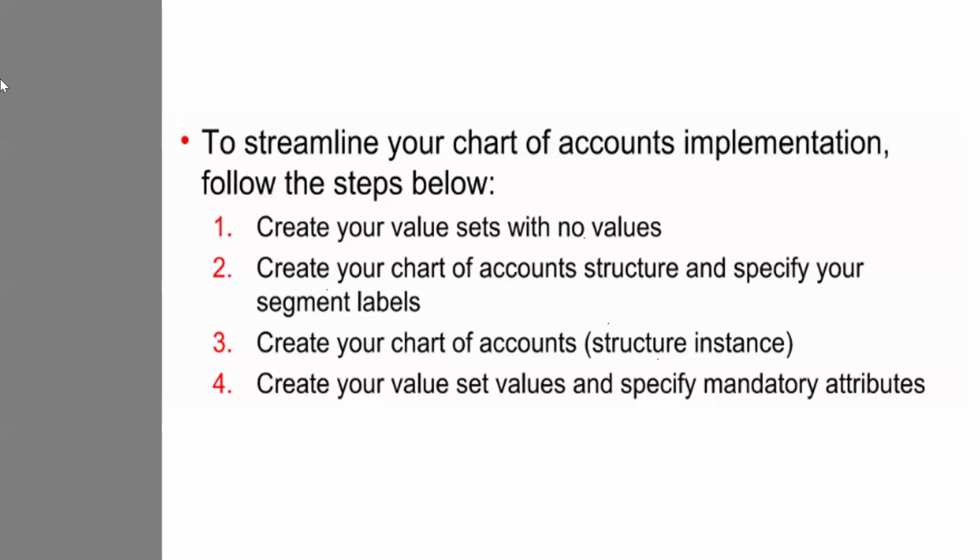Multiple structure instances can be applied to multiple primary ledgers. If you are maintaining multiple locations, multiple countries, or multiple business processes, like primary ledgers, you can use separate structure instances based on your need.